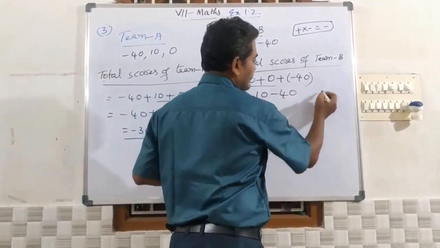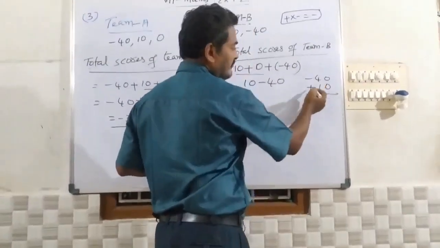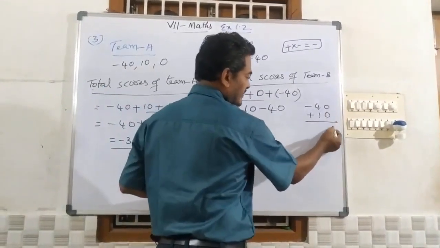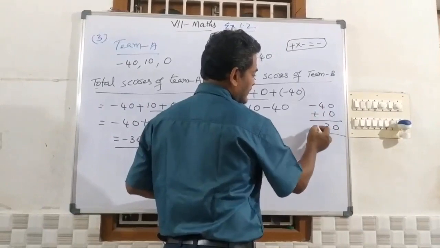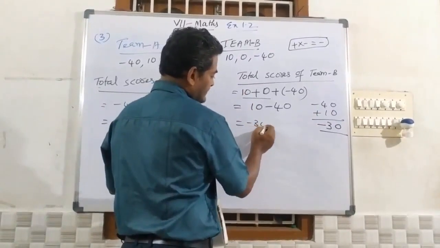Here are two different signs, minus 40 plus 10, so we go for subtraction. 4 minus 1 is 3, and the greater number has the minus symbol, so minus 30.